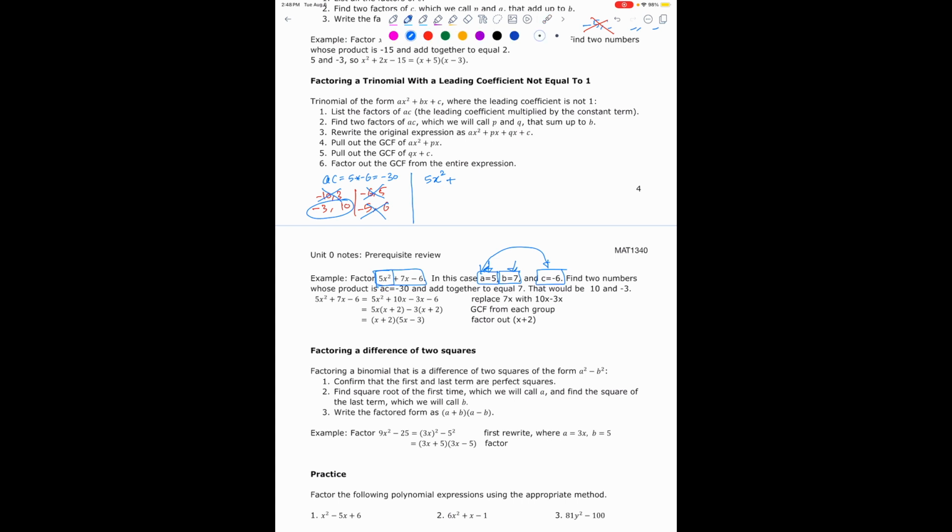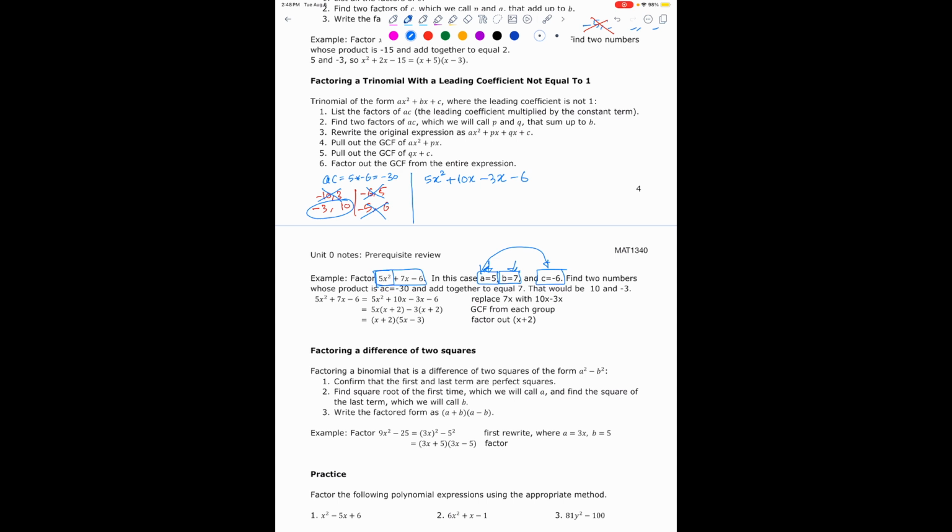So I'm going to say plus 10x here. And then I will say minus 3x because the 3 is negative in this case. And then I will keep the last term, which is negative 6.